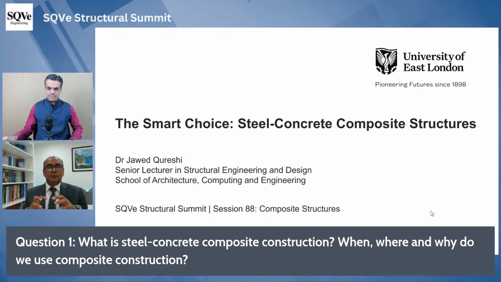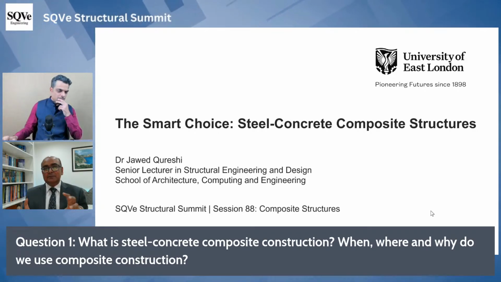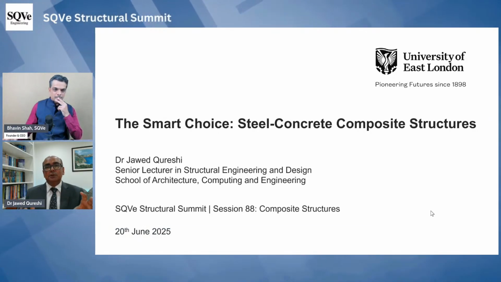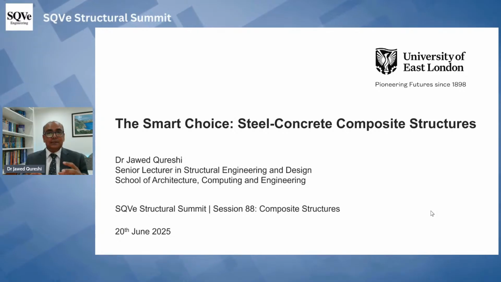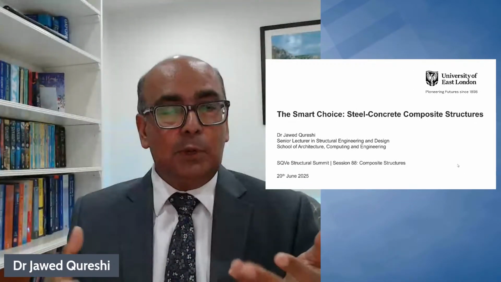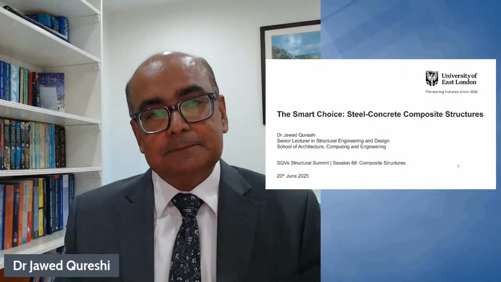When we talk about composite structures, in our mind, there are two materials. Now, what is the difference between steel concrete composite and reinforced concrete structures? Reinforced cement concrete in itself is a kind of composite structure, but why don't we call it composite?